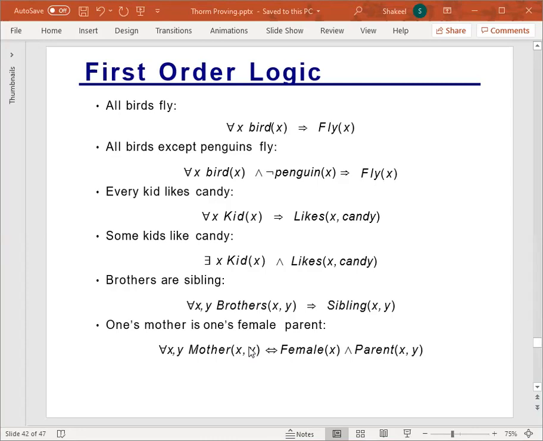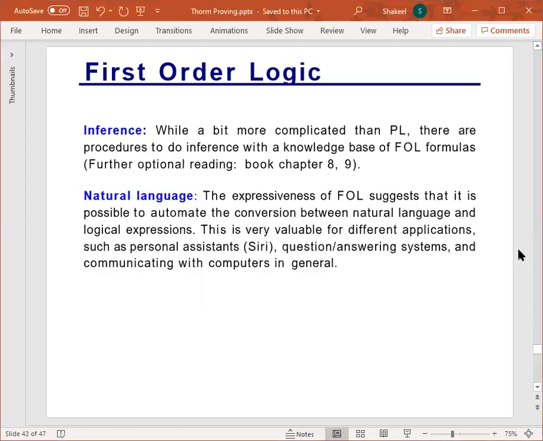With first order logic, we can also do inference. While it is a little bit more complicated than propositional logic, there are procedures to do inference with a knowledge base of first order logic formulas. So the aim is to try to reach natural language.